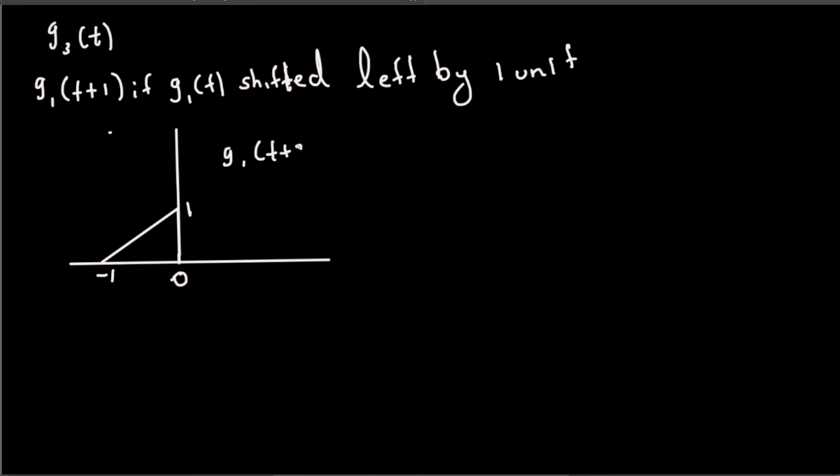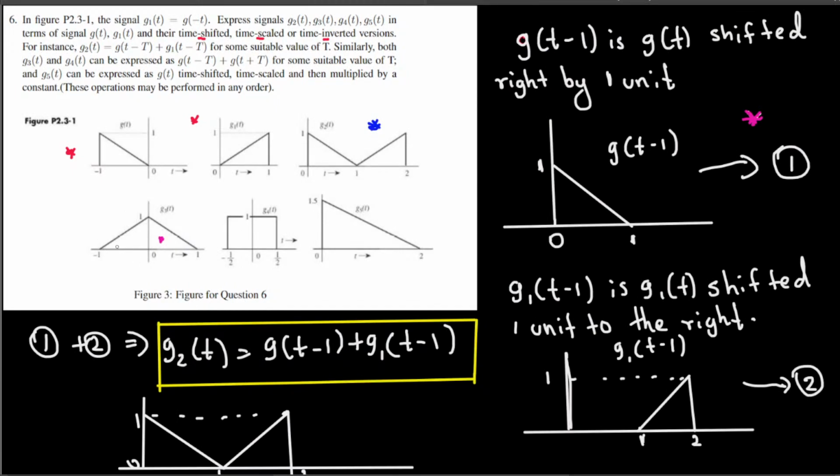Now we have the two components that are needed to make this graph happen. We have g1 of t plus 1, that is this, and we have g of t minus 1, that is this part.